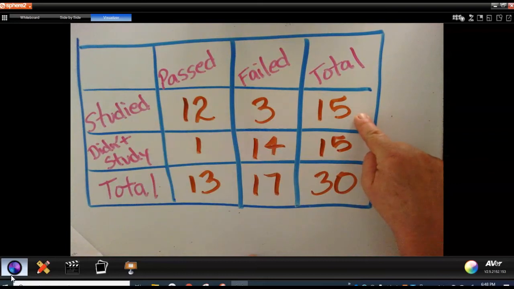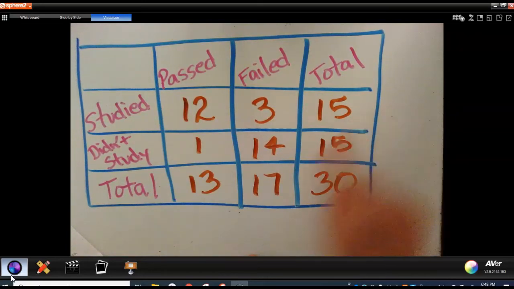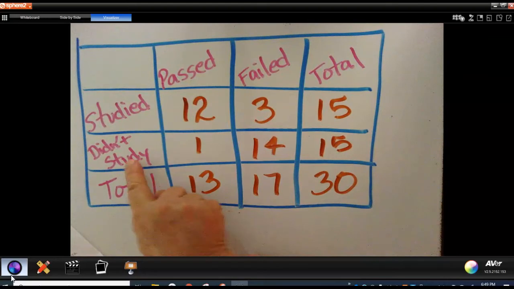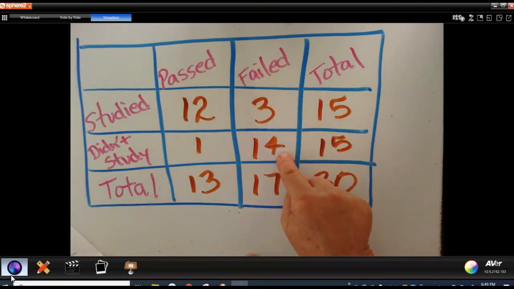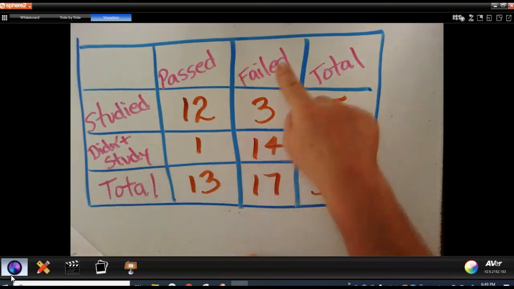That's easy, 15. How many students failed? That's easy too, 17. How many students did not study and failed the test? See how you just line them up?